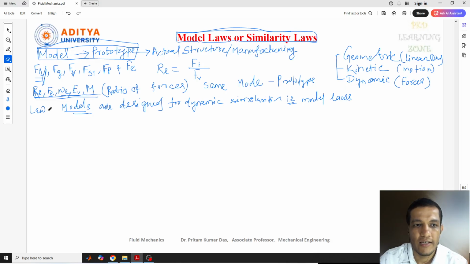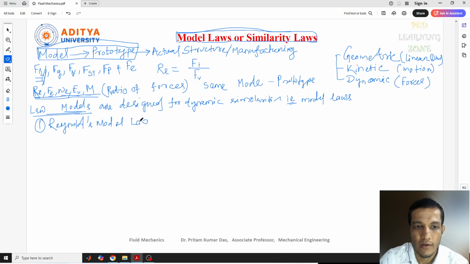So what laws are there? Because the law of models depends upon these numbers, the model laws are classified into a few types. The first one is Reynolds model law.